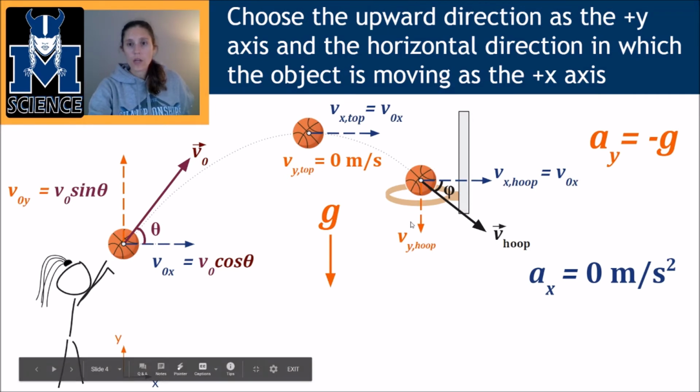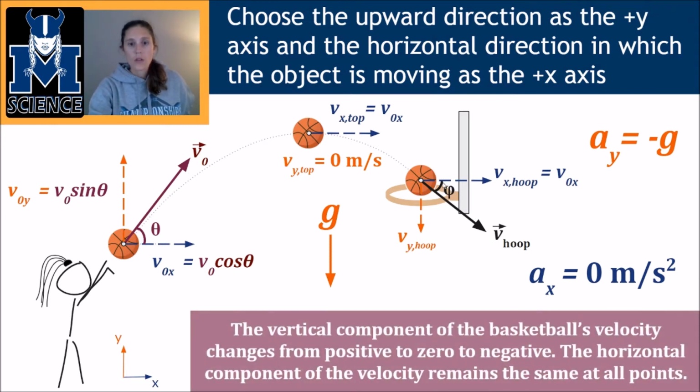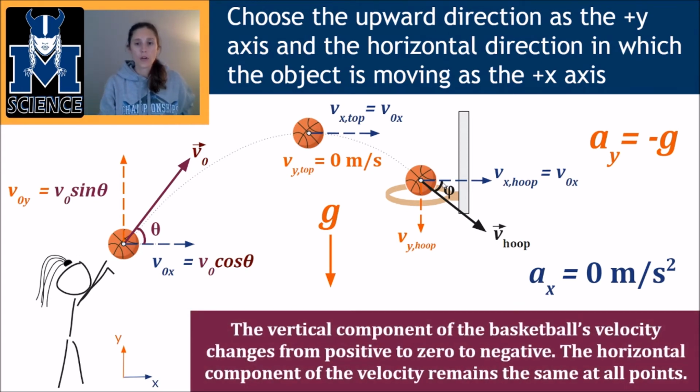Again, we could describe this vector v at the hoop in terms of its components, or we could talk about the magnitude and direction of that velocity vector. Like I was saying, the vertical component of the basketball's velocity changes.